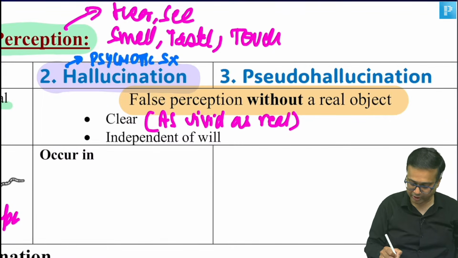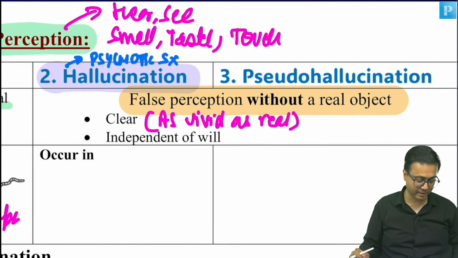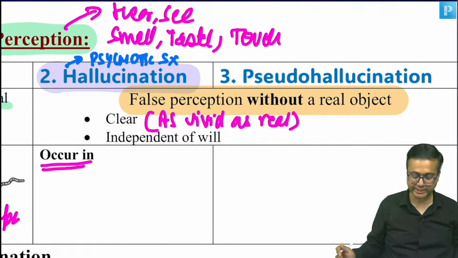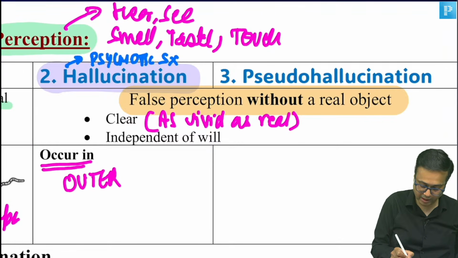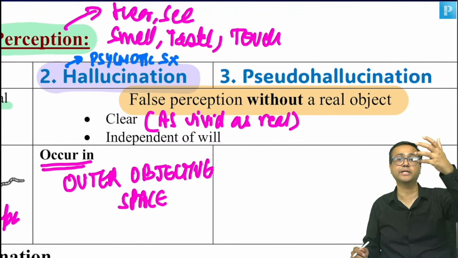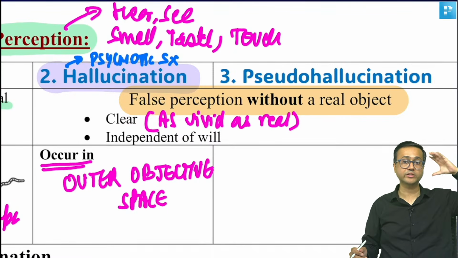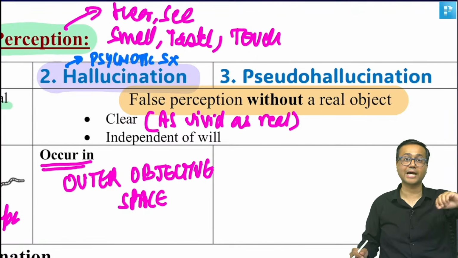Also, tell me one more point: where does the patient experience hallucination? In the outer objective space. A patient says, sir, I can see another person in the room. Sir, I am hearing voices coming from outside this room. So this is hallucination.